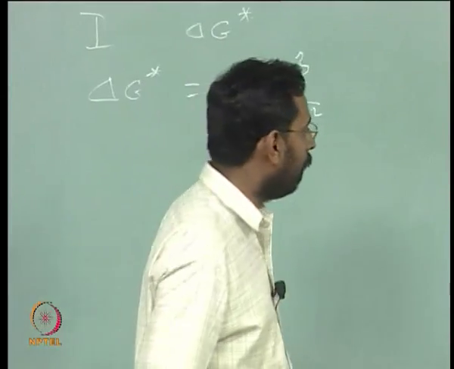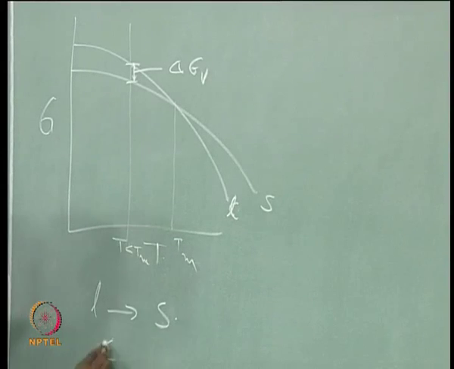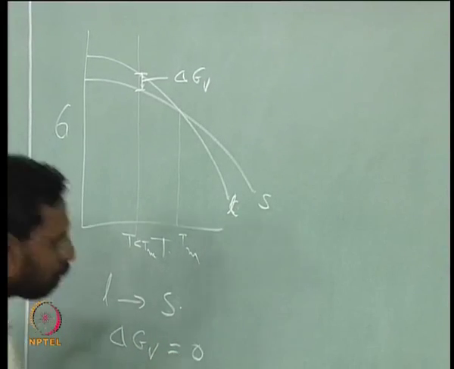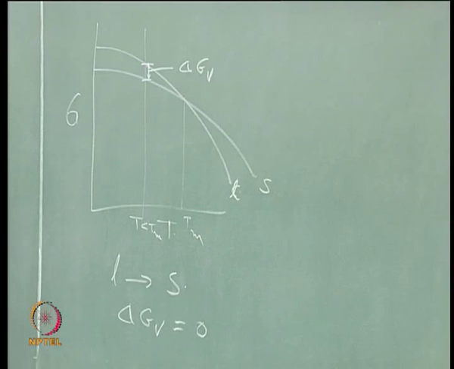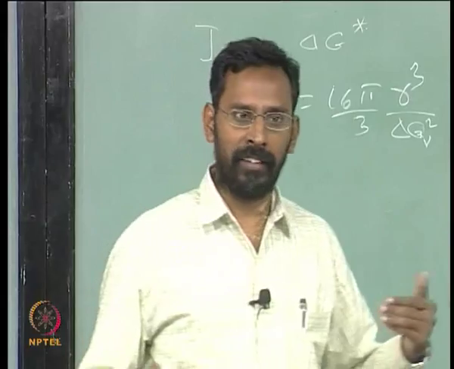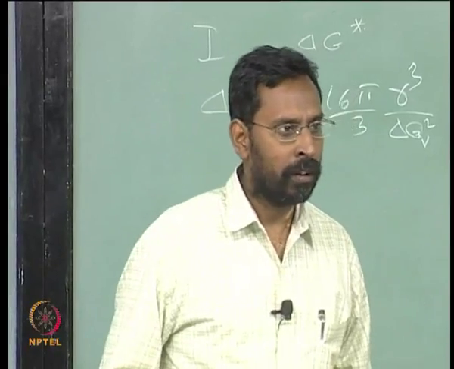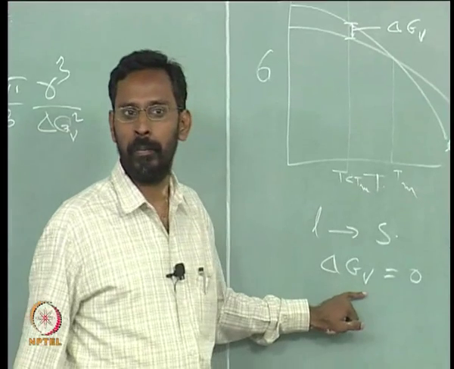Then we say, if I want the transformation to occur at the melting point, delta G V is 0, and if the delta G V is 0, there is no driving force at all. So, even if you provide a surface which is a perfect wetting surface, let us say the theta is 0, contact angle is 0, even then you need an undercooling.